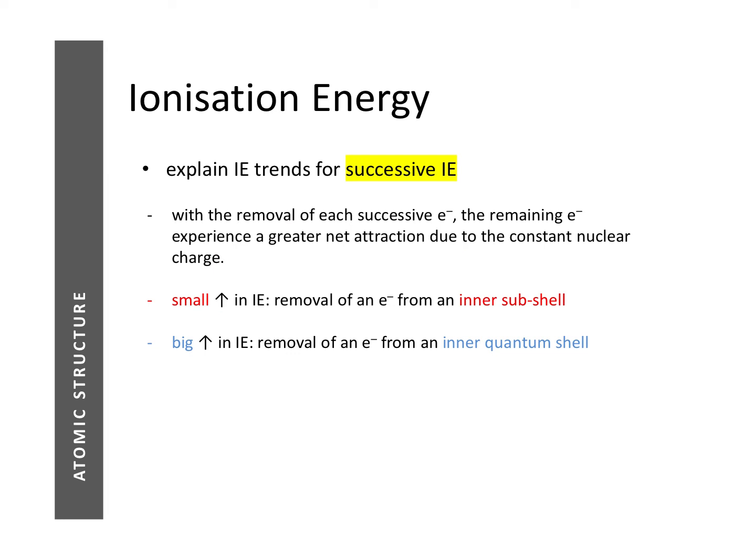Now, sometimes you'll be asked to explain the trend in successive IEs for a particular atom or element. Meaning, if we look at the question before, we would see that the second IE is larger than the first IE, and the third IE is larger than the second IE. So successive IEs increase. And how do we explain that? It is to recognize that with each successive IE, the number of remaining electrons decreases.